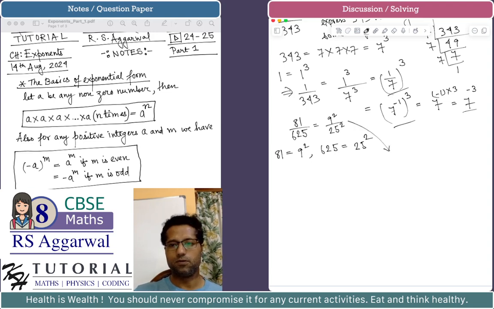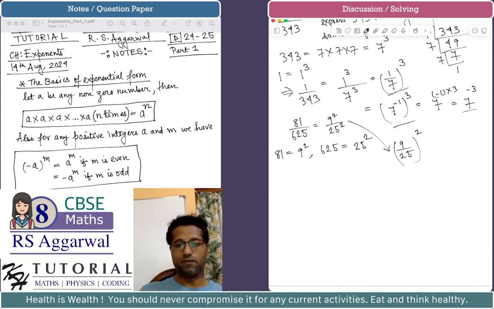So this is equal to 9 by 25 whole raised to the power square. Now if you say the base is 9 by 25, it will be incorrect, because you can still further express 9 by 25 in an exponential form.